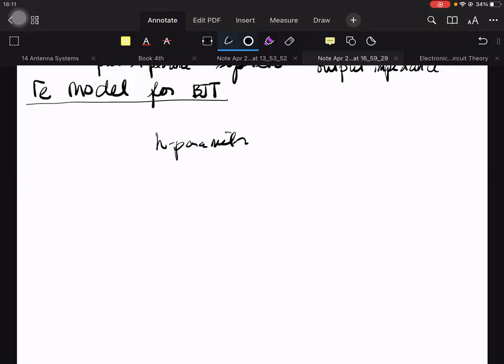In fact, if we refer to specification sheets of BJTs, it's more clear na H parameter ang model in mind. But the RE model is more versatile actually, for BJT AC analysis.